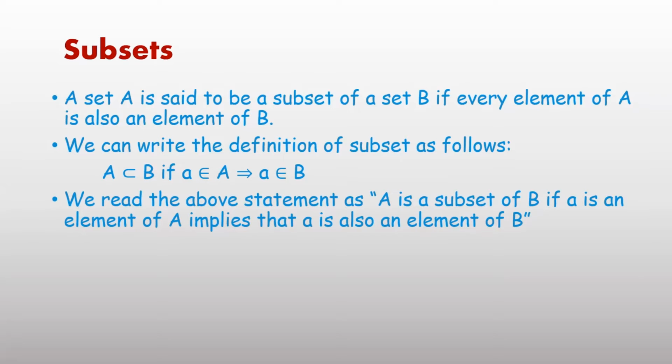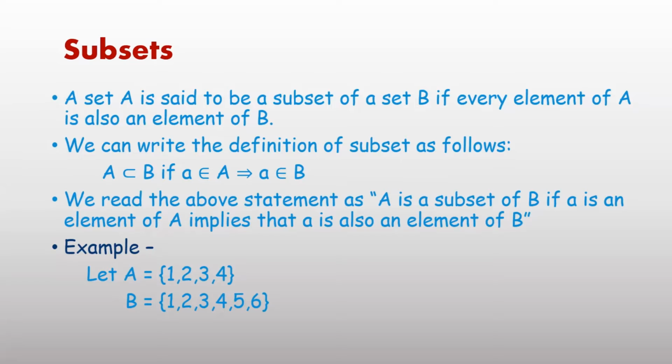Once again, if all the elements of set A are present in set B, then we can say set A is a subset of set B. For example, set A is given as 1, 2, 3, 4. Set B is given as 1, 2, 3, 4, 5, 6.